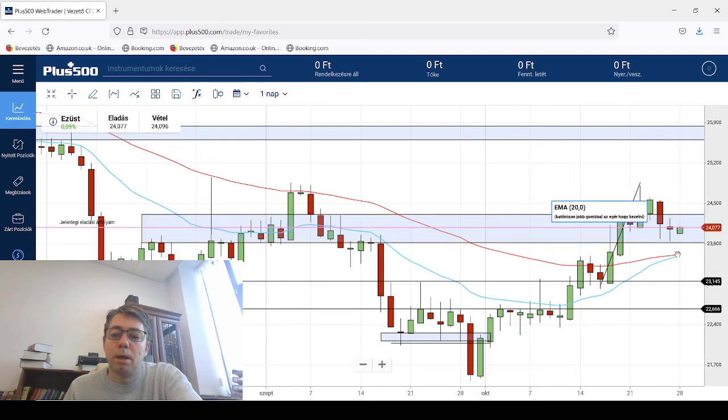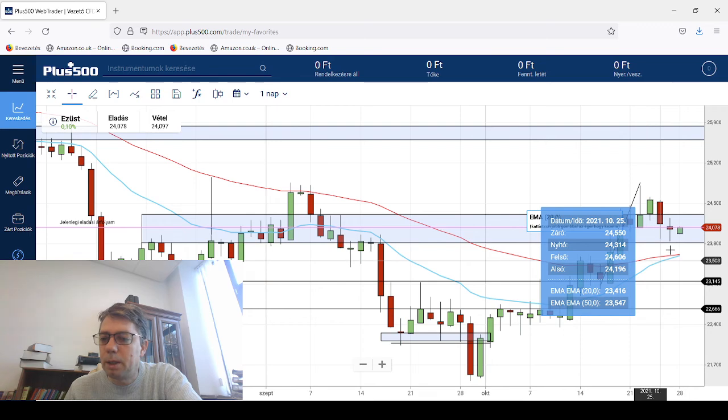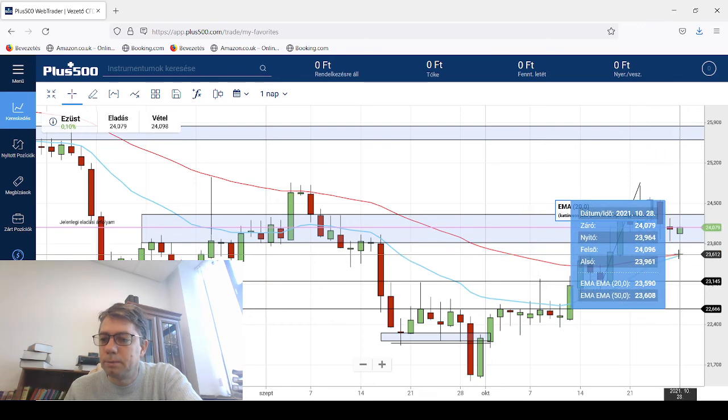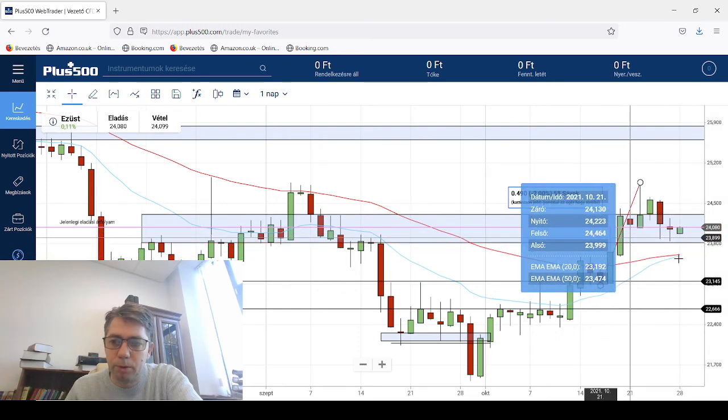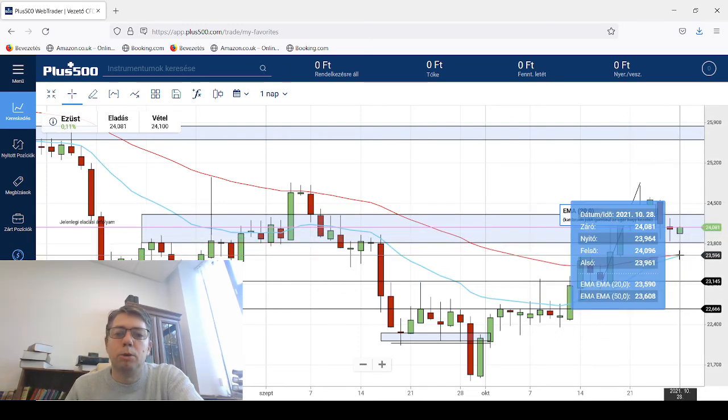We may pull back to the 50-day EMA, which is right here at 23.6, but this may be a strong support, but we don't have to pull back to that level.